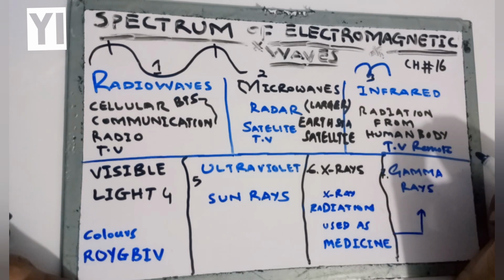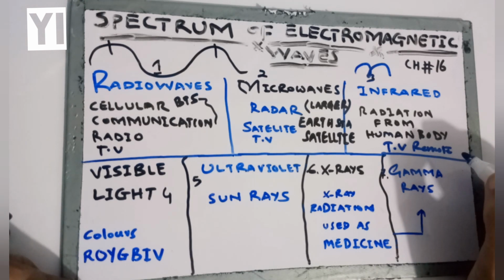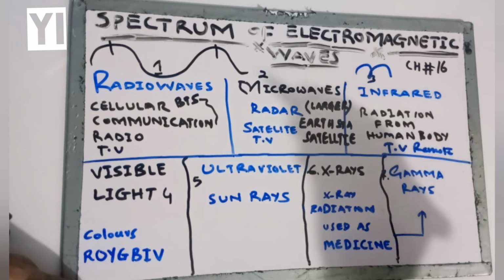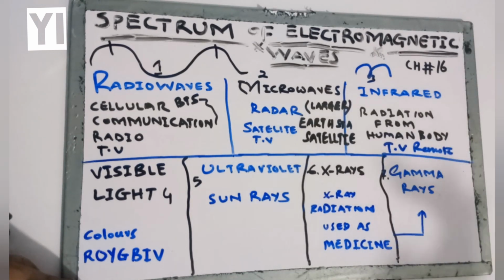They cannot travel a further distance. Radio waves can travel a further distance, microwaves can travel a further distance, but infrared cannot travel through higher distances, because it cannot penetrate through walls or buildings. It has to cover only a very small distance, like from the hand to the TV.